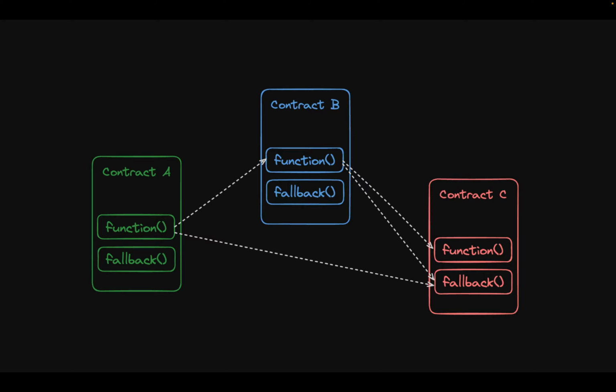Similarly, let's say you are executing the logic of contract A and somehow you trigger a send ether transfer call to contract C or maybe contract B, and it ends up executing the fallback function of either of these contracts. So again, you don't know what is happening there. Whereas your intention was just to read data from one of these contracts and use it in your own logic.